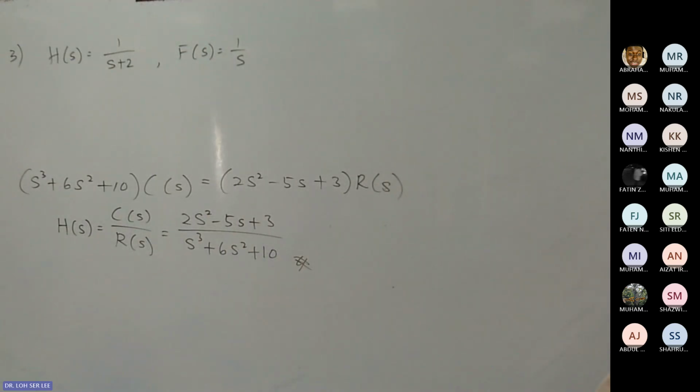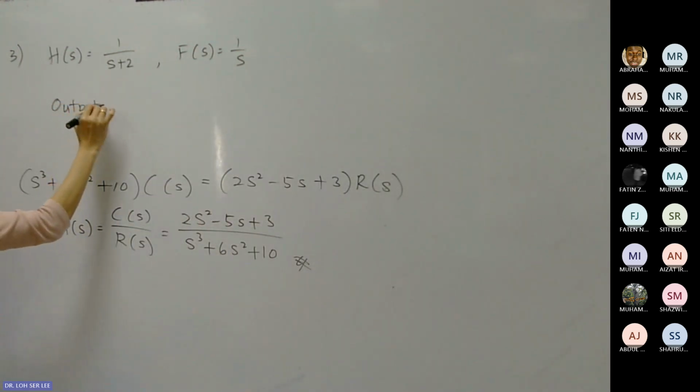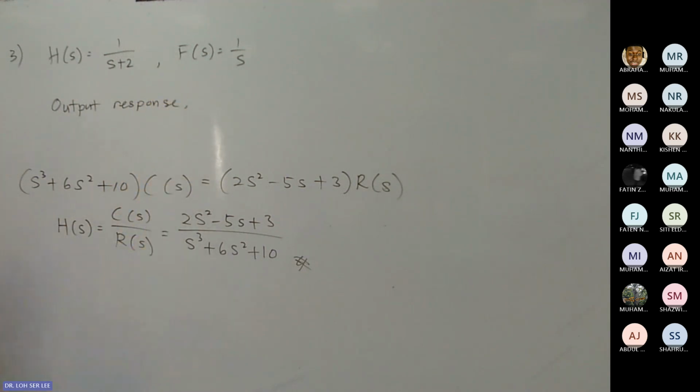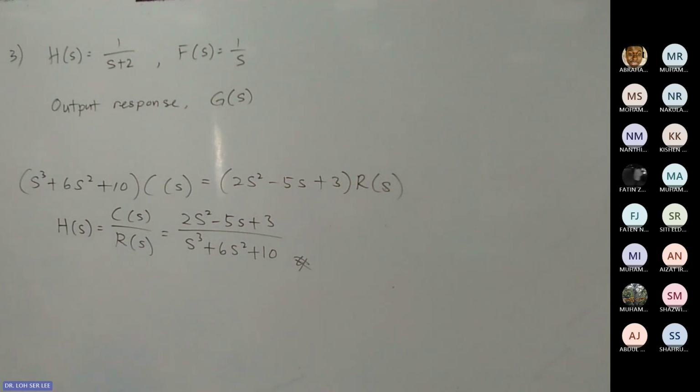Find the output response if the transfer function is 1 over s plus 2 and the input function is 1 over s. And we want to find what the output response is. Let's say we let the output function be G(s).